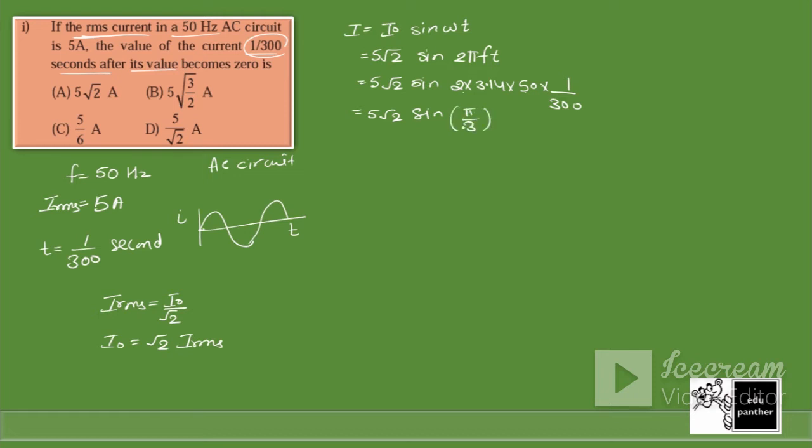So that is sin 60, and sin 60 is √3/2. So the √2 and √2 will get cancelled, and what you will get is 5 √3/√2. So this should be the answer, so the second option is our answer. Okay, now move to the next sum.